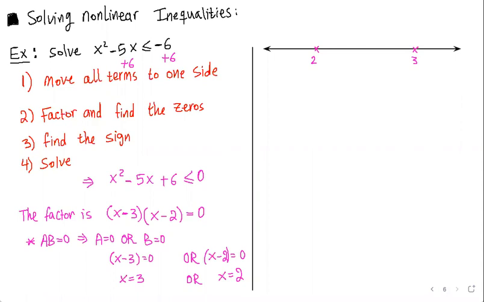And because we have less than or equal, this means we have to put a dark circle.